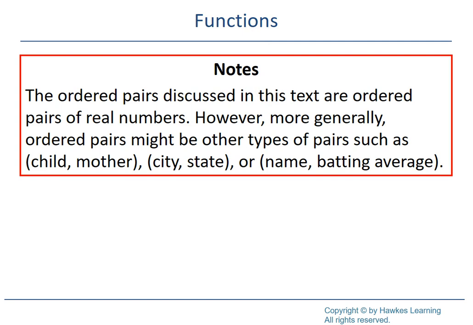Other relations, a key word in the area of function, are child and mother, a city and state, a name of a ball player and its batting average. These are all related, as is the ordered pair. One of the reasons this topic is included in this chapter is the ordered pair.